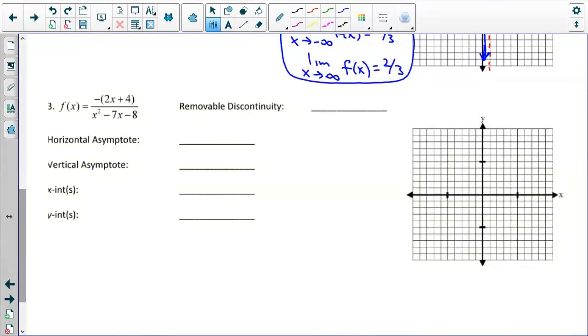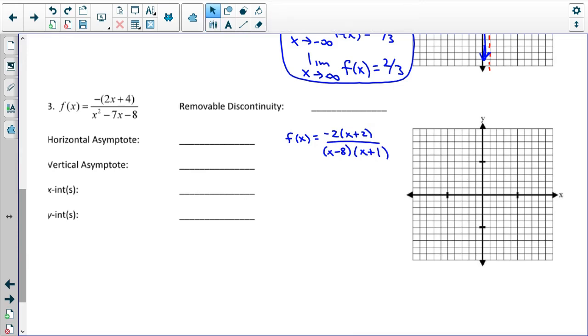Final problem. If I have f of x, I'm going to look at factoring the numerator and denominator. If I factor the numerator, I get -2 times (x plus 2). And if I factor the denominator, I get (x minus 8) times (x plus 1).